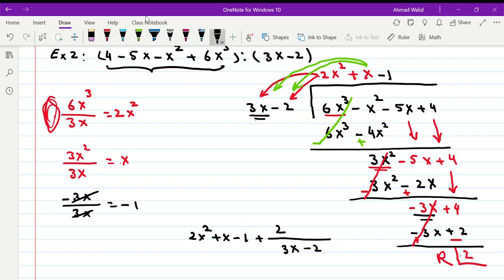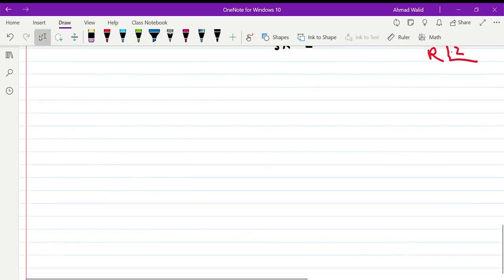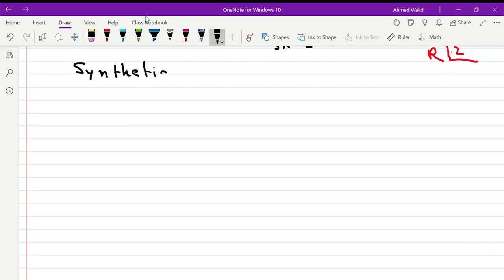This method, we call it long division. Now, there is a shortcut to this method, an easier way, which we call synthetic division.